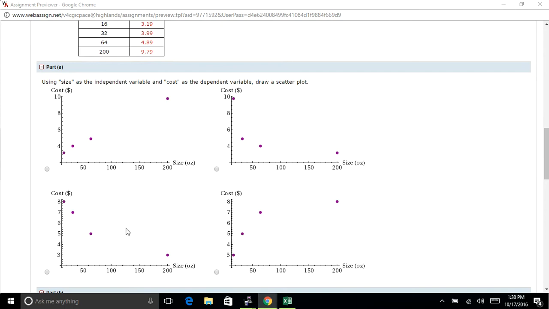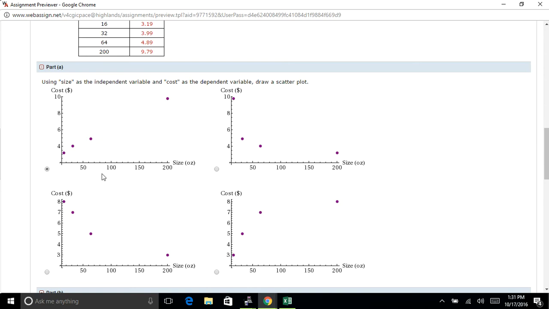So we know the bottom two, the cost only go to $8, so that will not be correct because our cost goes almost up to $10. So don't even look at the bottom two. So let's look at here. So it's saying for 16 ounce, it's $3.19, which is really close. Then for the 32 ounce, it's $3.99, which is basically 4. 64 is basically 5, and then 200 is $9.79. So that is great. So we're going to pick this one.